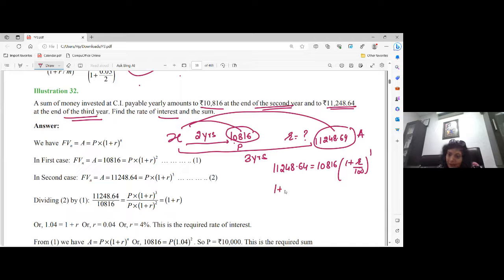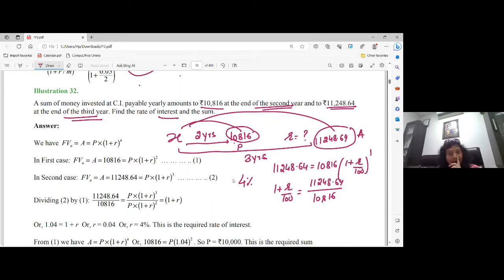So 1 plus R upon 100 is equal to 11248.64 divided by 10816. With the help of calculator, this, minus 1, into 100. So that becomes 4%.